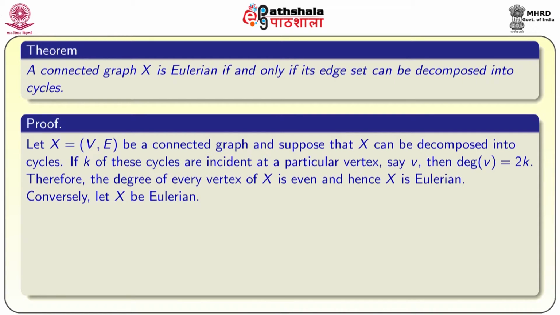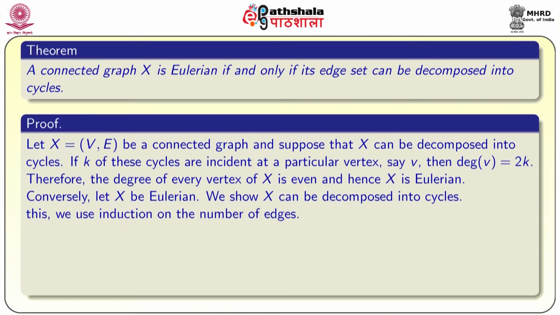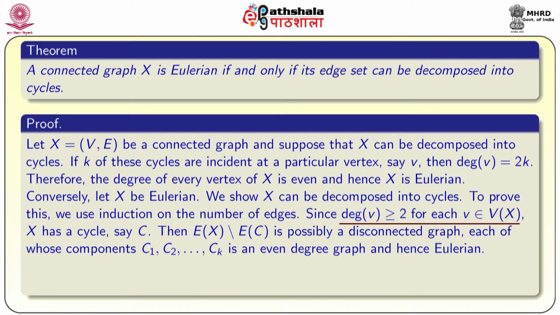Conversely, let X be an Eulerian graph. We now show that X can be decomposed into cycles. To prove this, we will use induction on the number of edges. Since the degree of V is greater than or equal to 2 for every vertex V of X, X has a cycle, say C. Then E of X minus E of C, that means we are deleting all edges in the cycle C, is possibly a disconnected graph, each of whose components C1, C2 and so on up to Ck is an even degree graph.